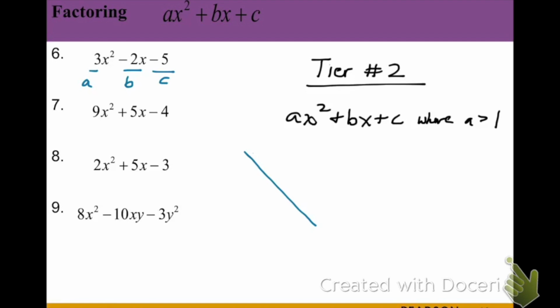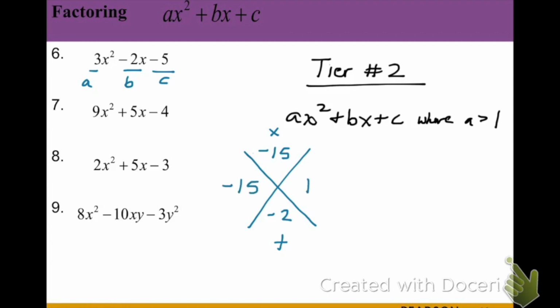So we're going to set up our factoring in the exact same method, but in this case, we're going to do it by multiplying the a times c. In this case, a times c, or 3 times -5, is going to give us -15. So we want two numbers that will multiply to that -15, and then add to our b term of -2.